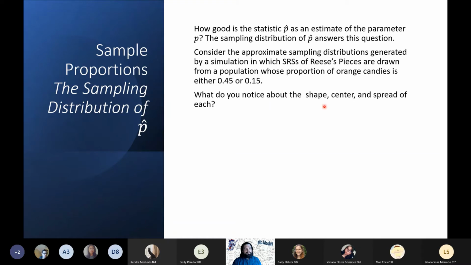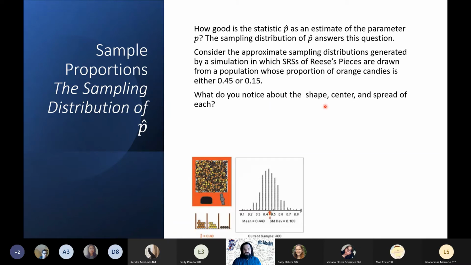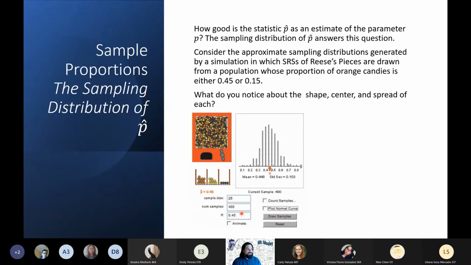We're going to see what we notice about the shape, center, and spread of these distributions. So first, we have the sampling distribution of p hat from sample sizes of 25 from the population that has a proportion of 45% or 0.45 orange candies. It looks approximately normal. The center is about what it should be based on the population proportion.